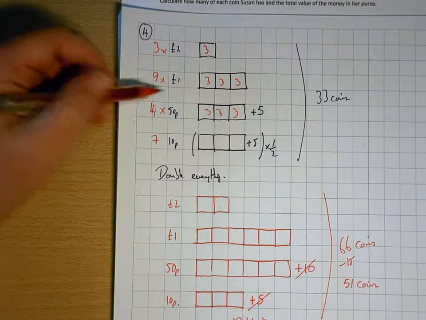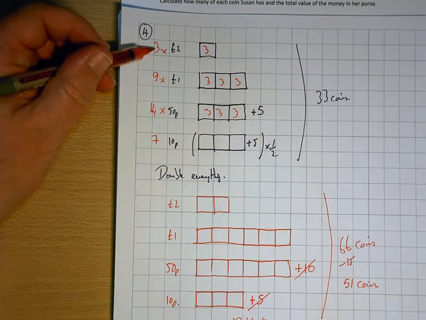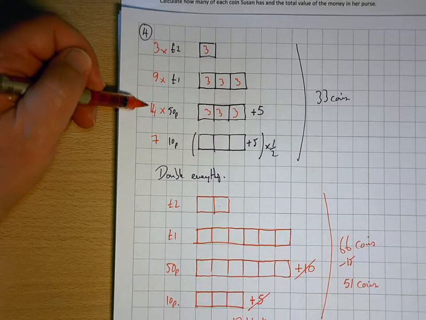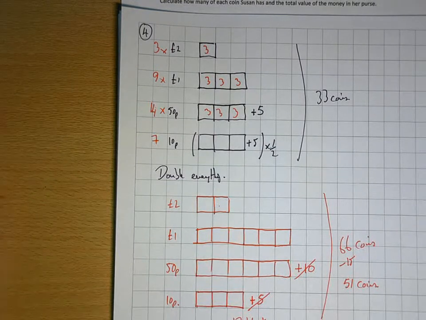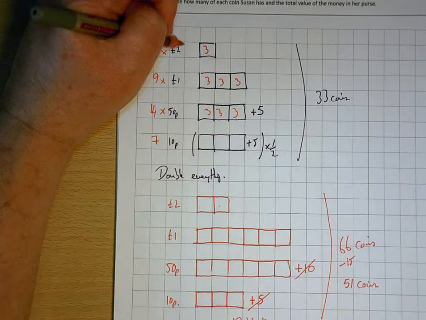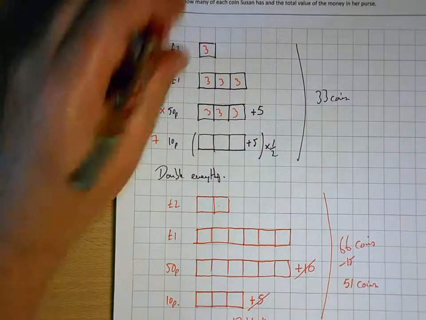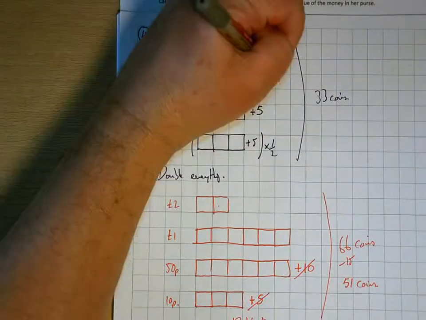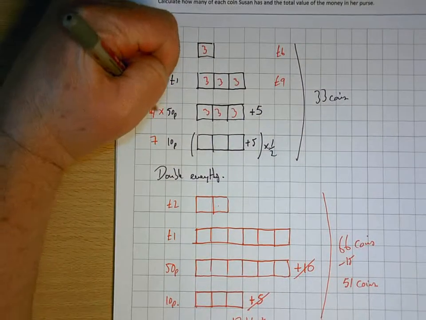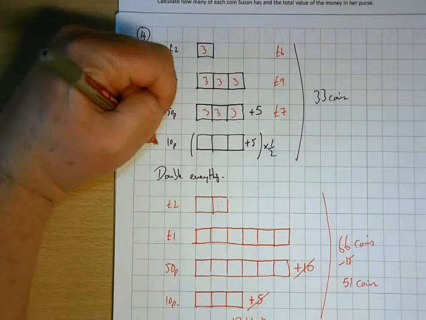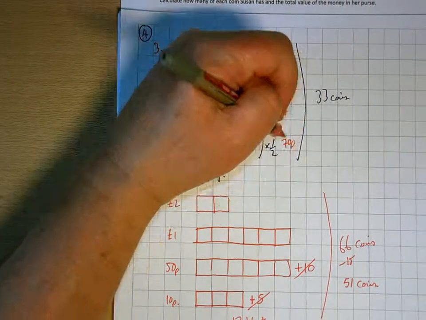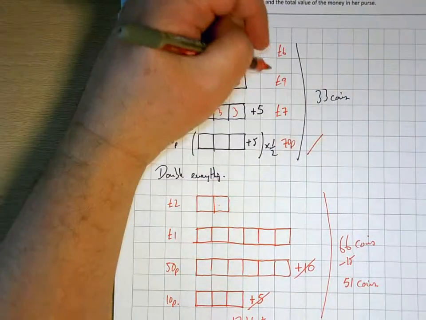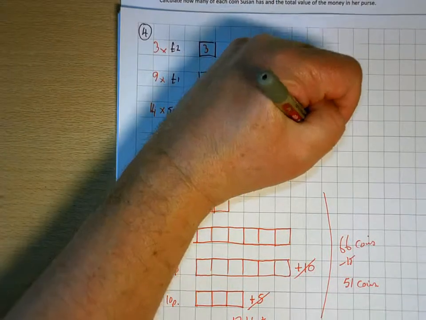So you can see there that that adds up to 33. 7 and 3 is 10, 19, 29, 33. And their value will be £6, £9, £7 and 70 pence, which adds up to £22.70.